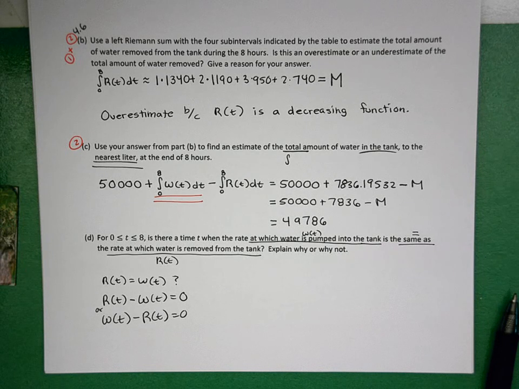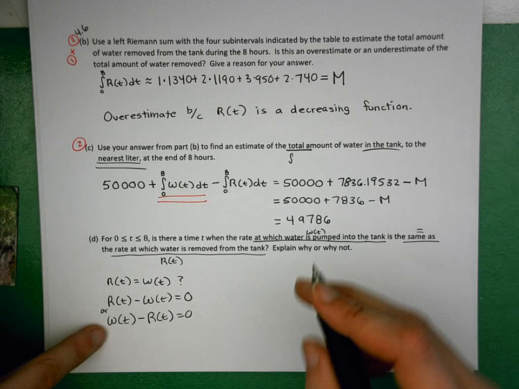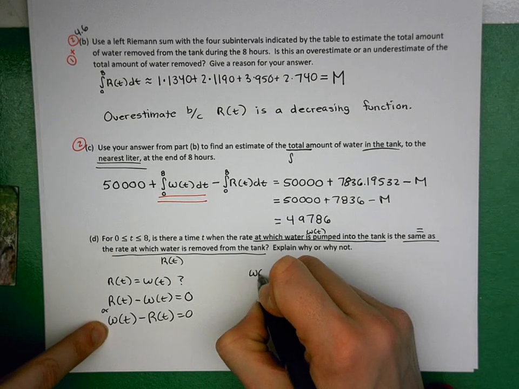Like, to have two things equal each other, if I subtracted them, they'd have to equal 0. And so you got a point for just considering that fact, considering what w of t minus r of t might equal. And then your second point came from finding an answer with a solution, which is, is there any place where this is true? Well, on 0 to 8, if I plugged in, and again you could do either one, but say I plugged in w of 0 minus r of 0, okay?